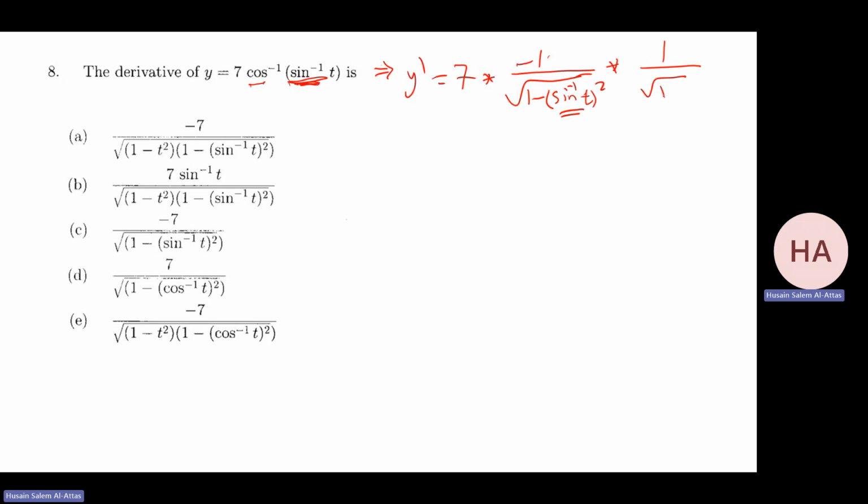Here, 1 over square root of 1 minus x squared. So that will be what? Minus 7 over root, sorry, this is t. Root of 1 minus t squared, 1 minus sine inverse t squared.